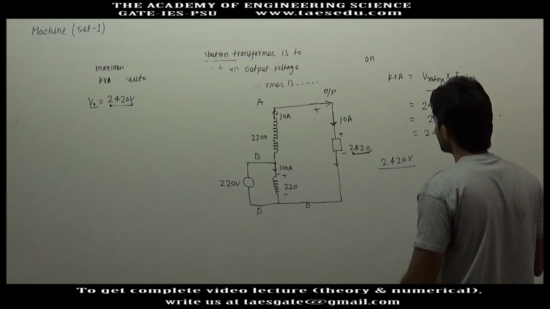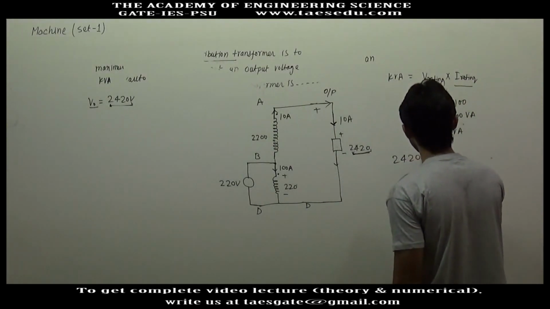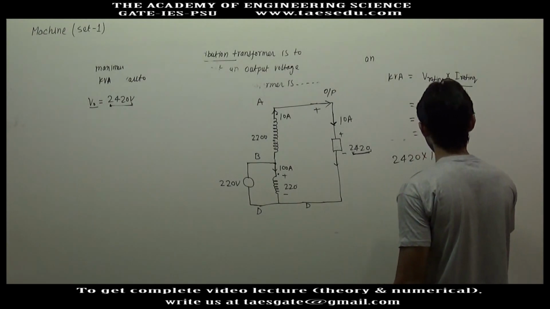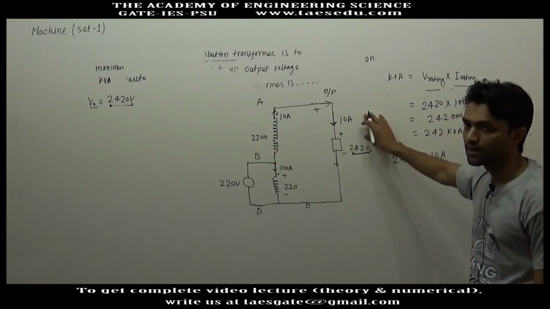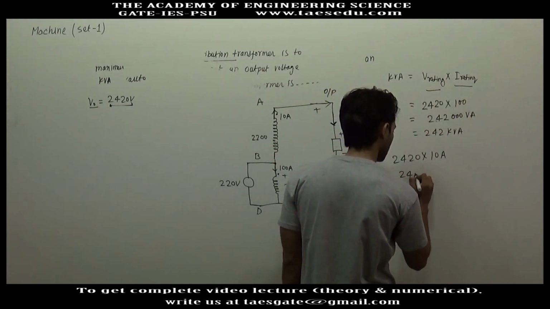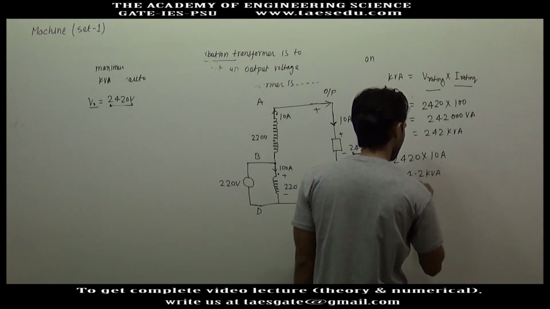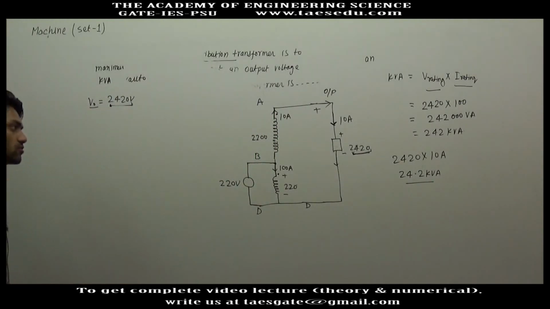So what is the output kVA? Output voltage 2420 into current 10 ampere, while in the previous case the current was 100 ampere. So here the output kVA rating will be 24.2 kVA, and the input kVA will also be the same.